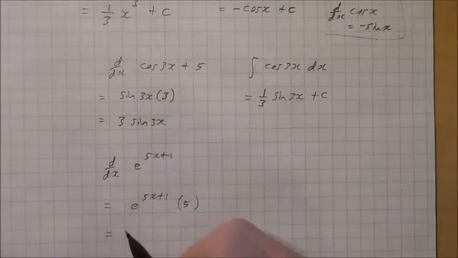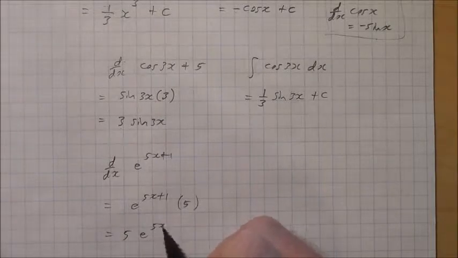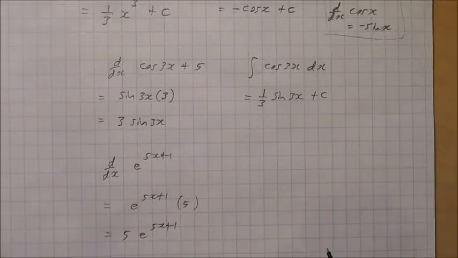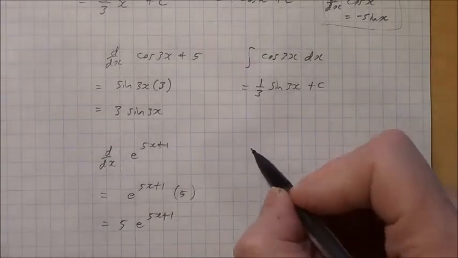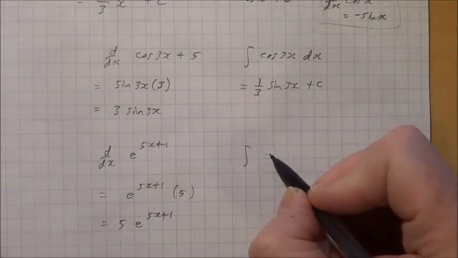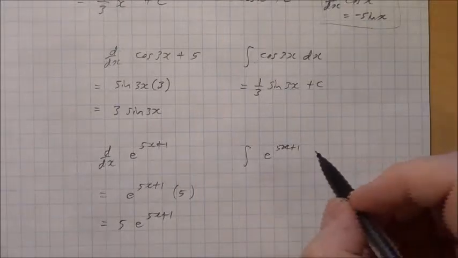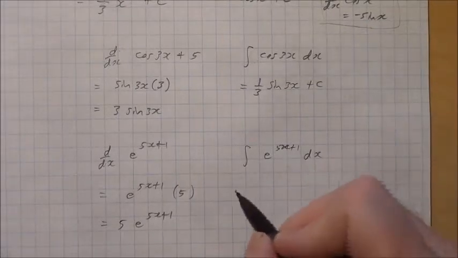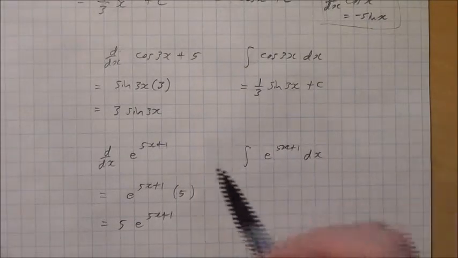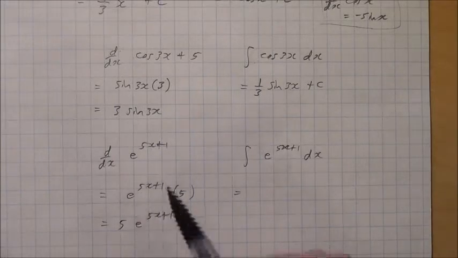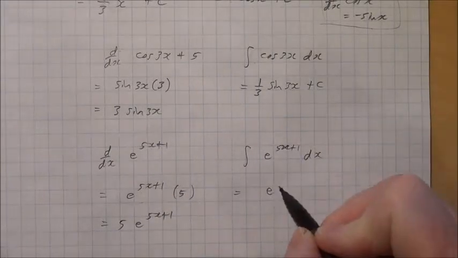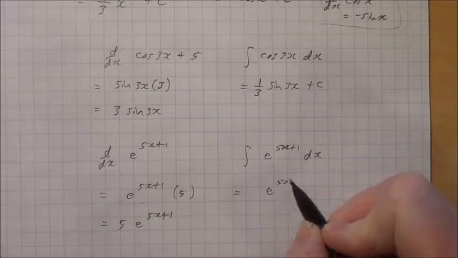So then to simplify, we get 5 e to the 5x plus 1. So now if we're going to integrate e to the 5x plus 1, for example, then, well, by differentiating, we get the same thing anyways, so the integral of this would just be e to the 5x plus 1.